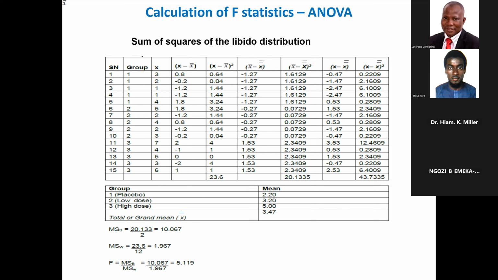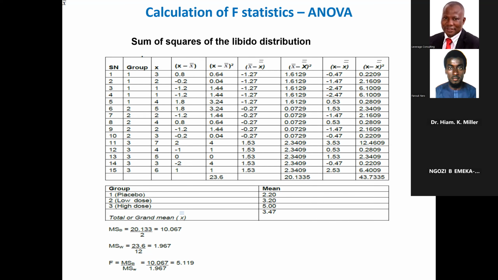So the degree of freedom for group 1 will be 5 minus 1, which is 4. For group 2, 5 minus 1, which is 4. For group 3, 5 minus 1, which is 4. 4, 4, 4, adding together gives you 12. That's why the degree of freedom within is 12. So when you calculate the mean, it gives you 1.96.